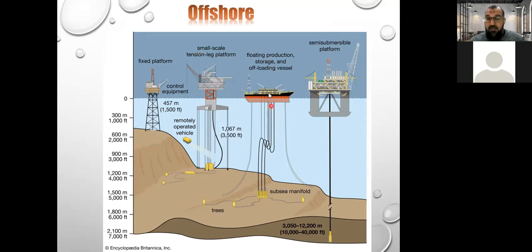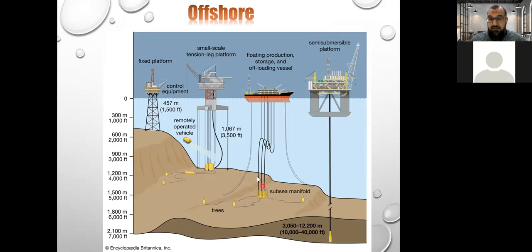Then if you go deeper, you can use a floating FPSO, the floating production storage and offloading. This is a tanker or vessel that floats on the sea, and it is connected with a subsea system to the seabed, and this can reach up to 2,000 meters.